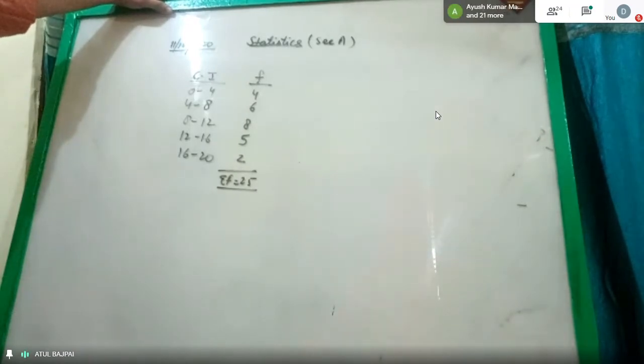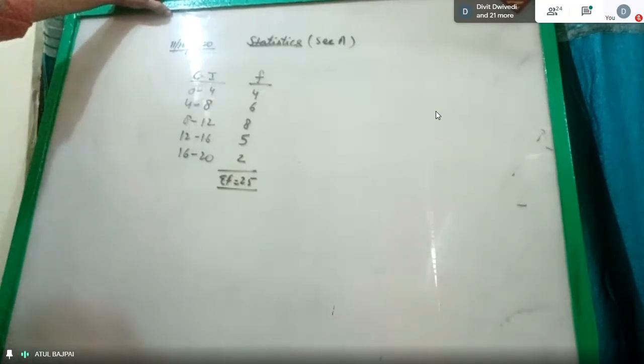Now I want to find the mean by the step deviation method. Since the question is to find the mean deviation about mean, not the mean itself, we can assume a mean and go by the class as this.